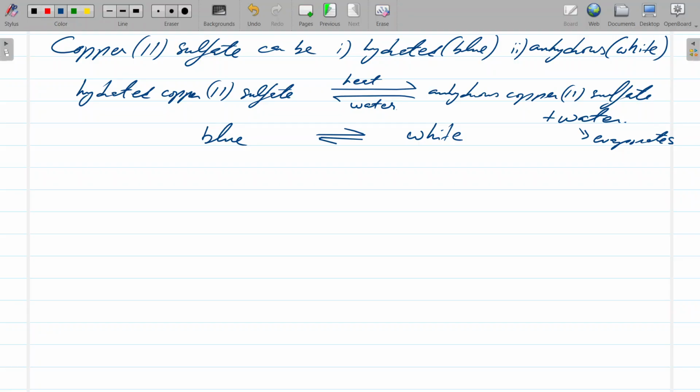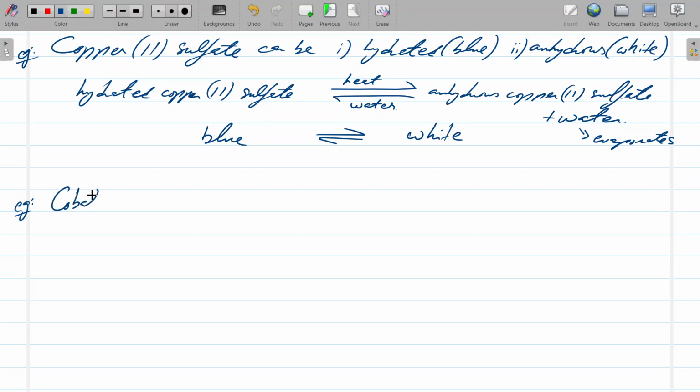Another similar example is cobalt 2 chloride. It's pretty much the same thing as this. You've got hydrated and anhydrous cobalt 2 chloride.